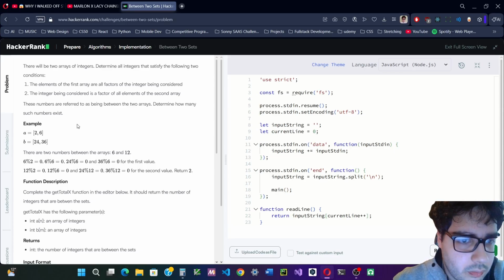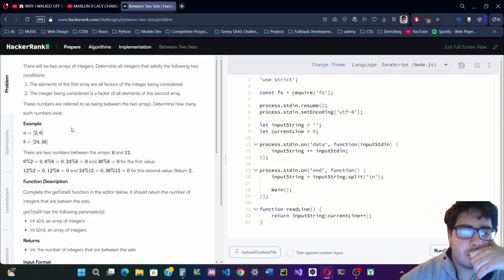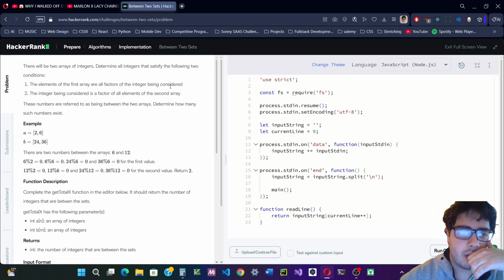The elements of the first array are all factors of the integer being considered.